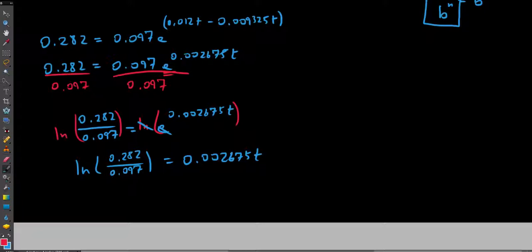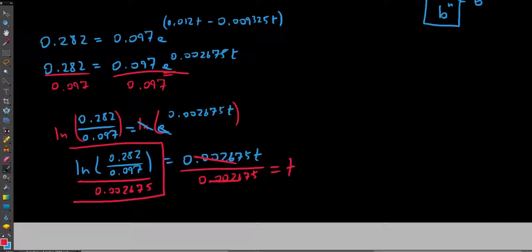And so now to solve for t, we just need to divide by our rate here, 0.002675, on both sides. And so we end up with our t here as being equal to this quantity right there. There's our exact value in time at which our populations would be exactly equal.